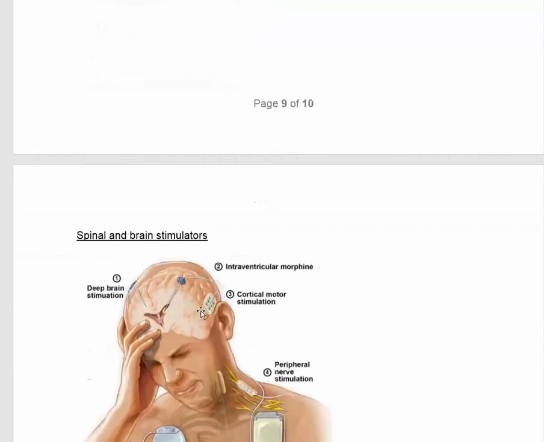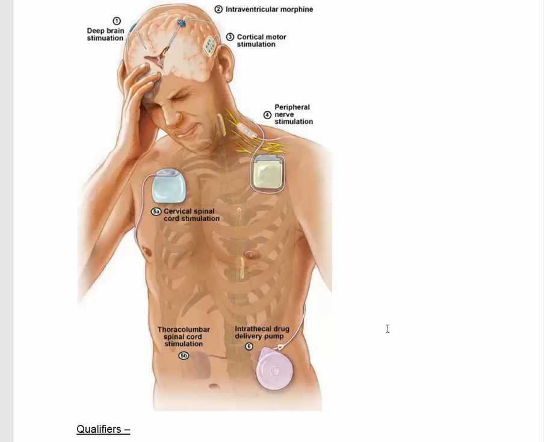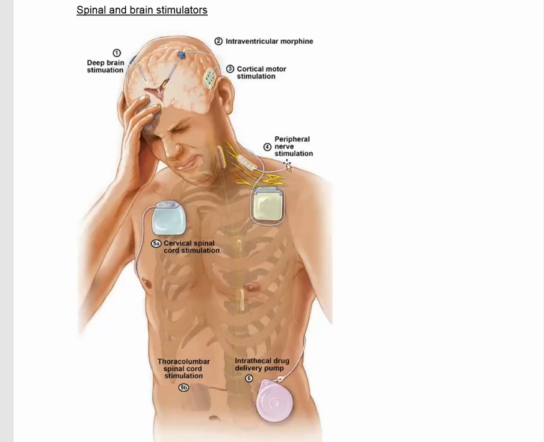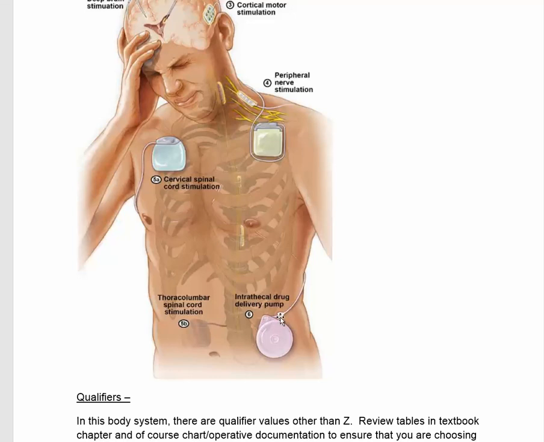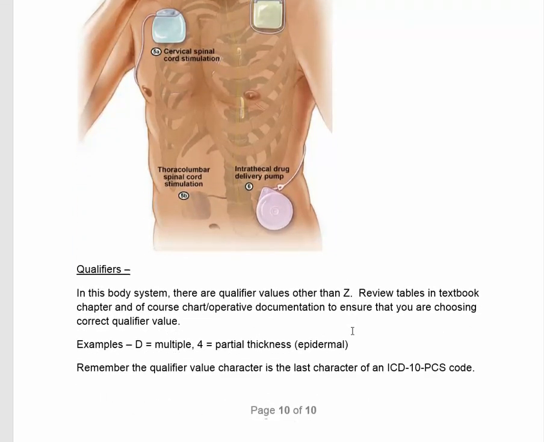Just to give you an illustration. Then patients can also have spinal and brain stimulators implanted in various subcutaneous levels. So these are graphical examples of a peripheral nerve stimulator, cervical spine, an intrathecal drug pump, etc.